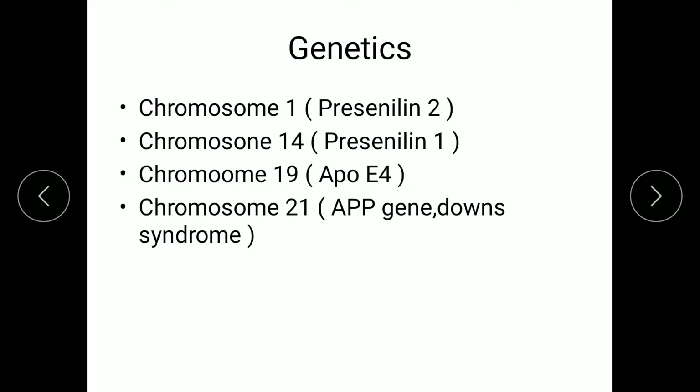Presenilin 1 and 2 are important in this aspect. Presenilin 1 is on chromosome 14, presenilin 2 is on chromosome 1. And ApoE4, as we said, is one of the strongest risk factors. It is on chromosome 19, and Down syndrome, chromosome 21, also encodes for the amyloid precursor protein. So, mutation in this can cause Alzheimer's disease.